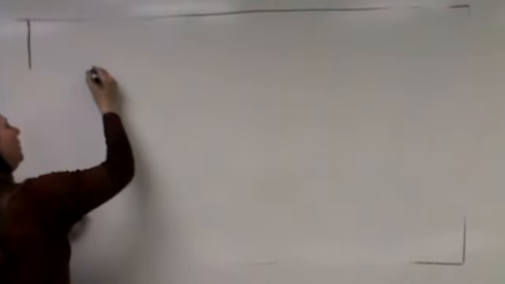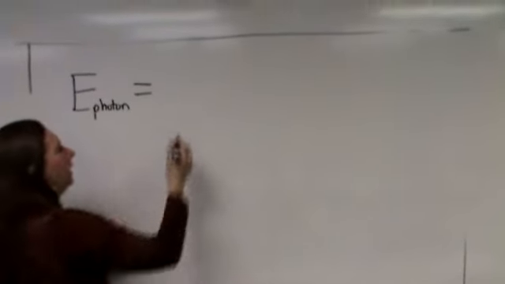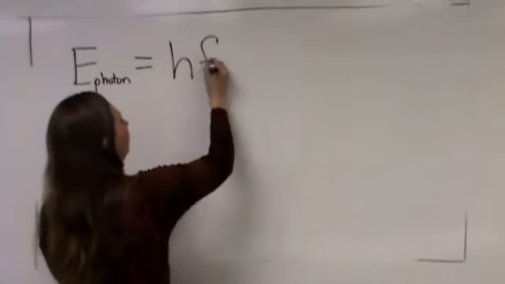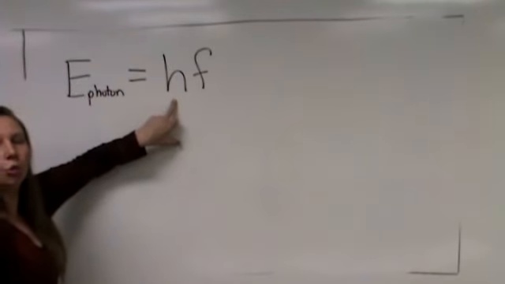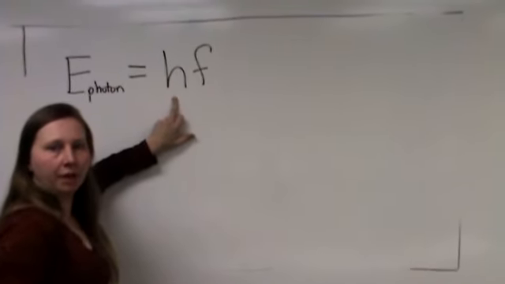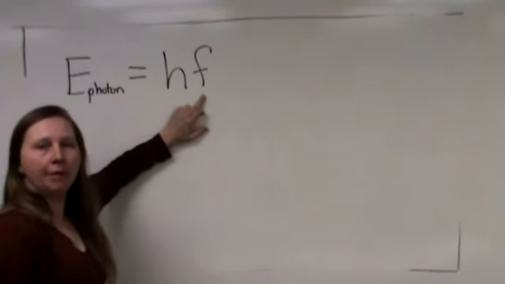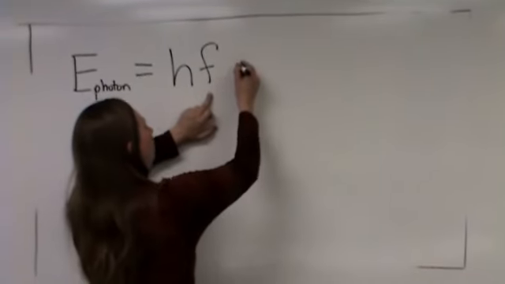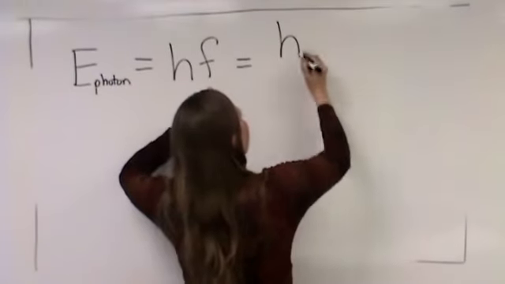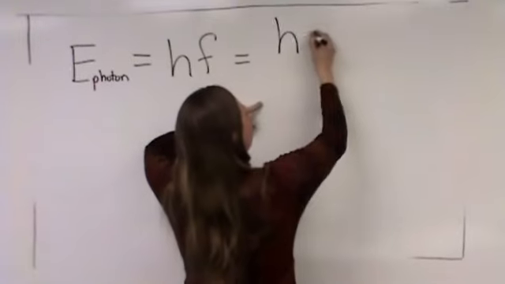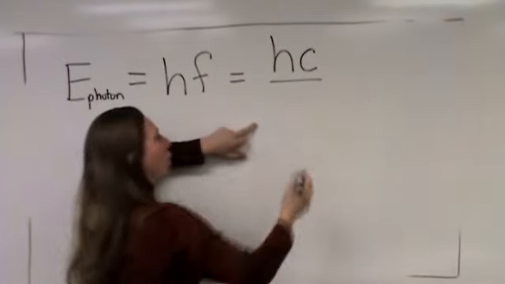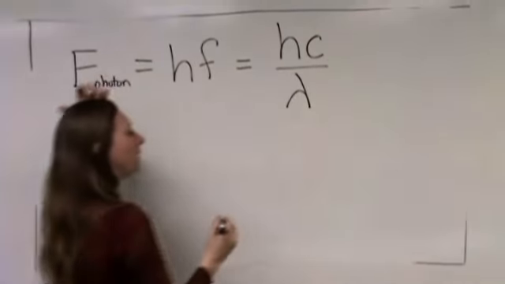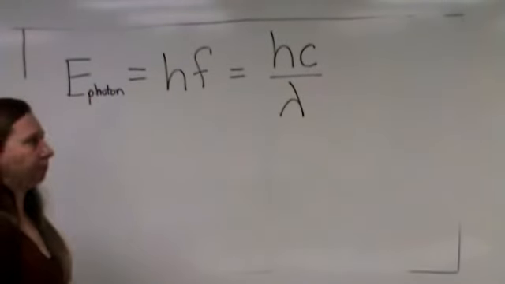So, the energy of a photon can be calculated by multiplying h, which is a constant on the front page of your reference tables, times the frequency of the photon, or by multiplying h times c, the speed of light, over lambda, the wavelength of the light.